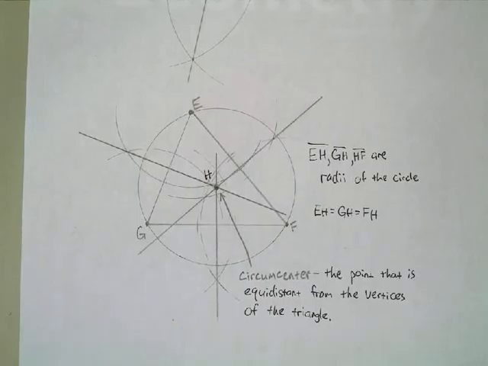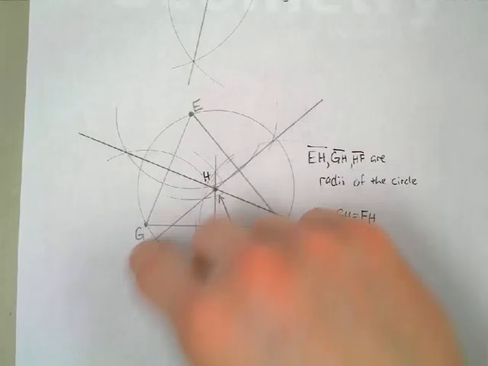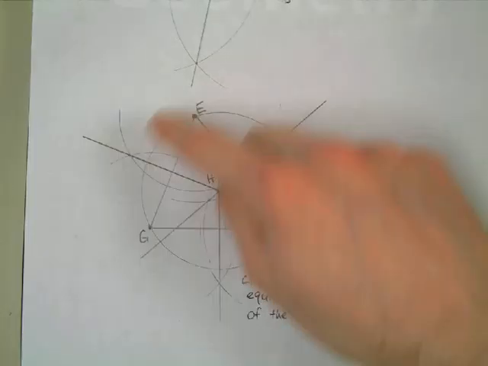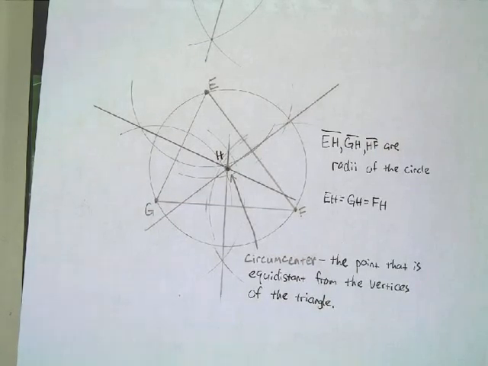We don't want to build the airport closer to one city than other cities because we want everyone to be able to access it equally. So you could imagine E, F, and G would be 3 different cities on the map, and the location of the airport where it would be equal distance to those 3 cities would be H. You use the perpendicular bisectors there to help you find where it's equal distance from those 3 points.